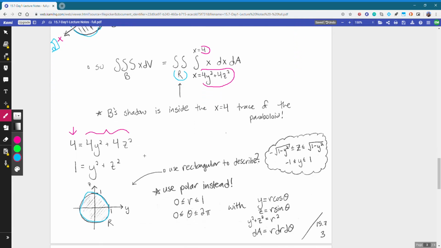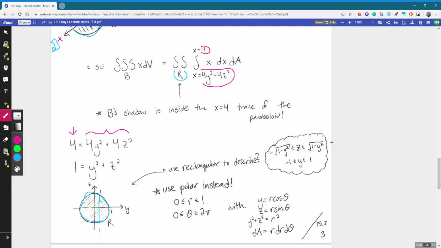Now we need to figure out how to describe this region. We technically could use rectangular coordinates. We could think about setting y at something and moving z from the bottom half of this circle up to the top, for all the y's between -1 and 1.